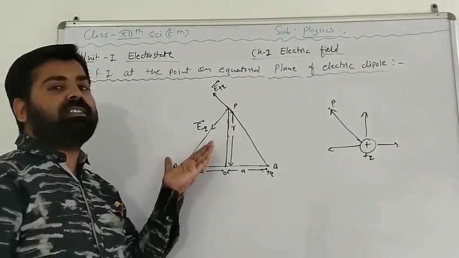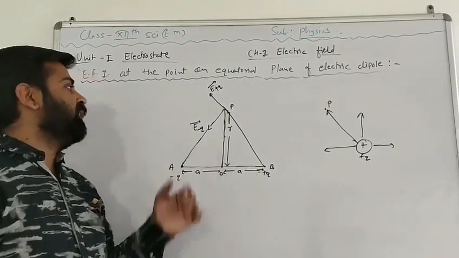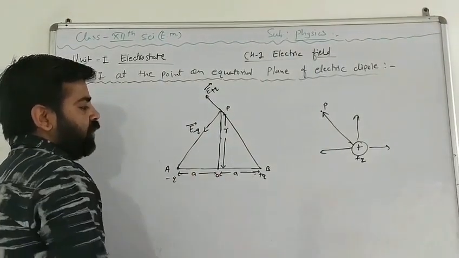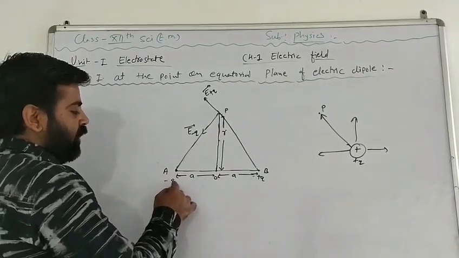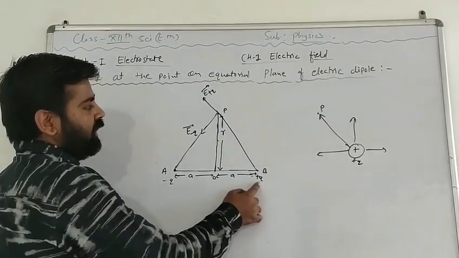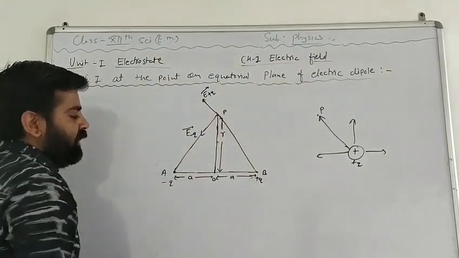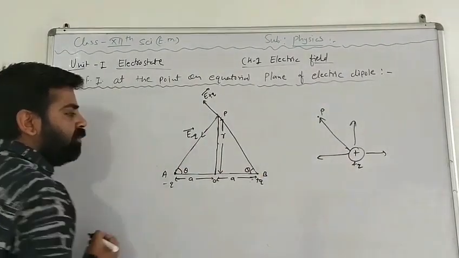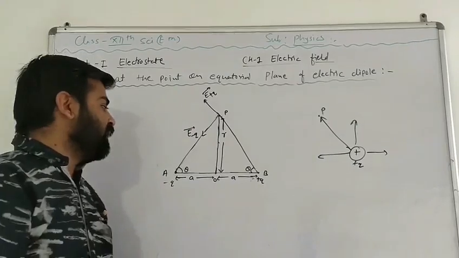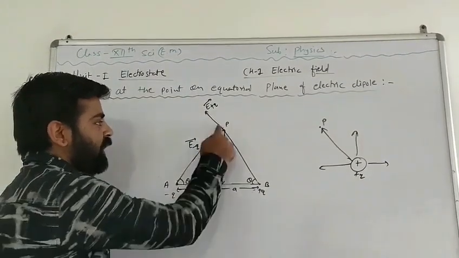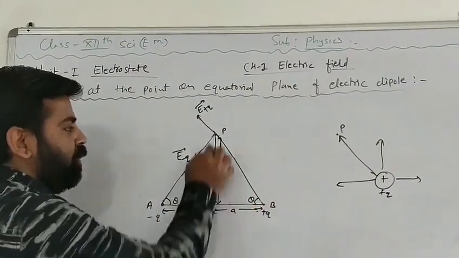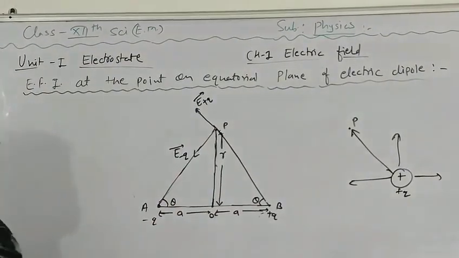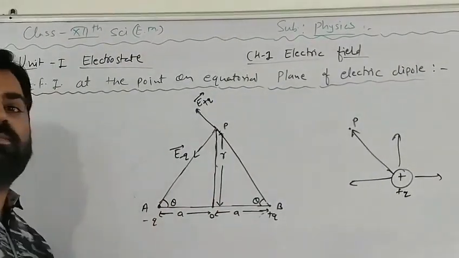To find their components, before that we draw their angles of minus Q and plus Q electric field intensity at P point. These angles are same, which are drawn by theta, because the triangle AOP and triangle BOP, both triangles are in congruence.